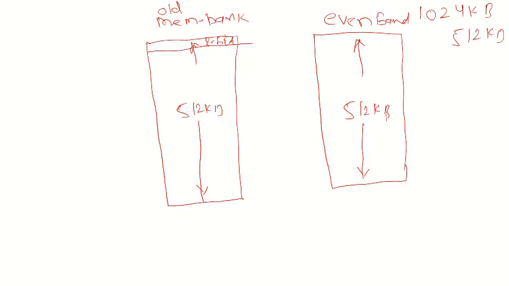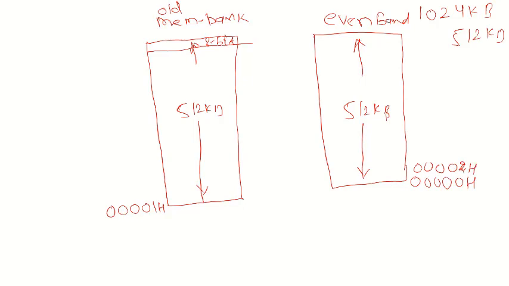So the memory location will start from, suppose, 00000h, and next this will be 00001h. Again this will be 00002h.